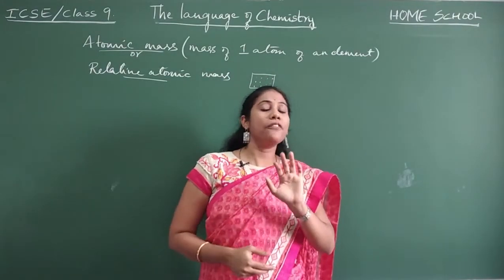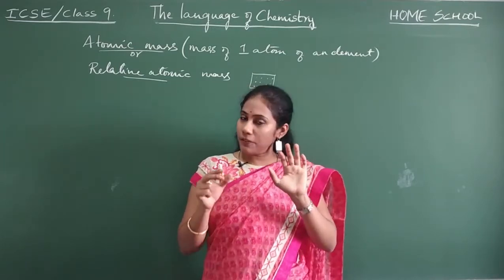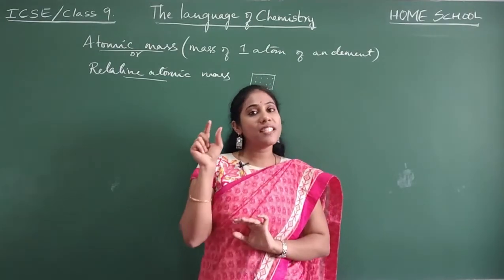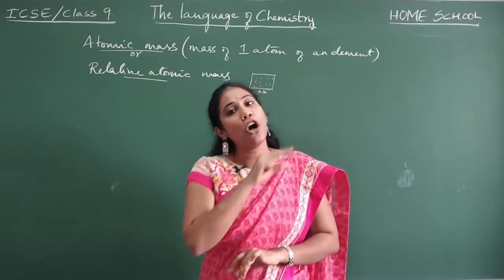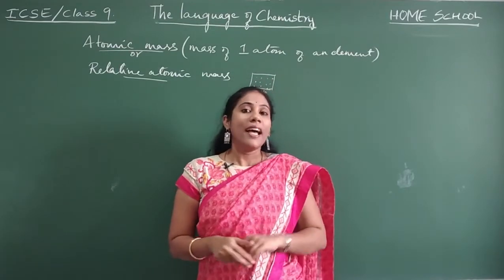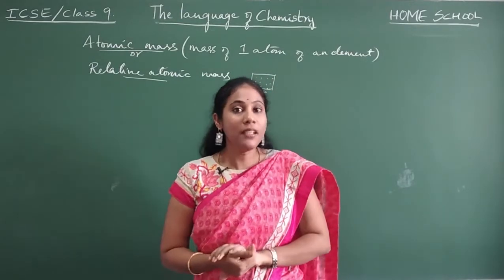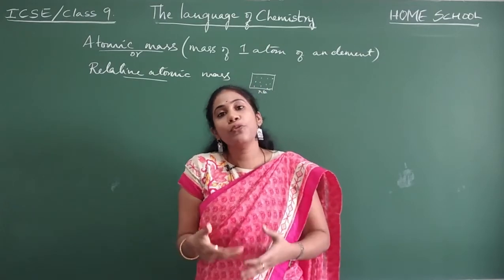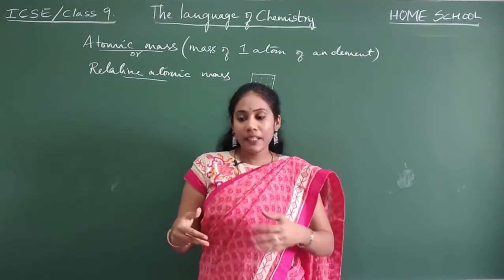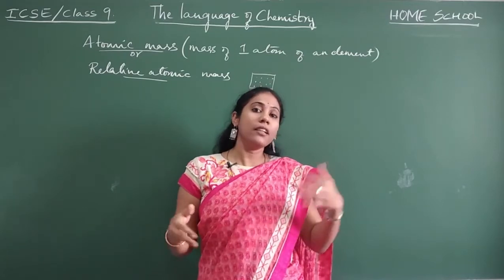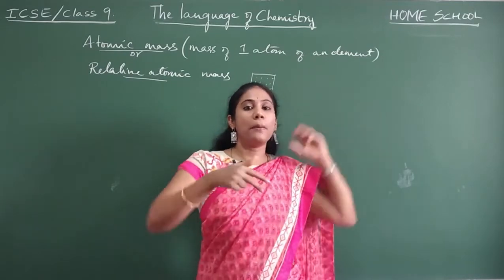Scientists have already found the mass of single atoms of all elements, and they have put them up in a periodic table so that conveniently we can use them for our studies. But this is the story of long back.